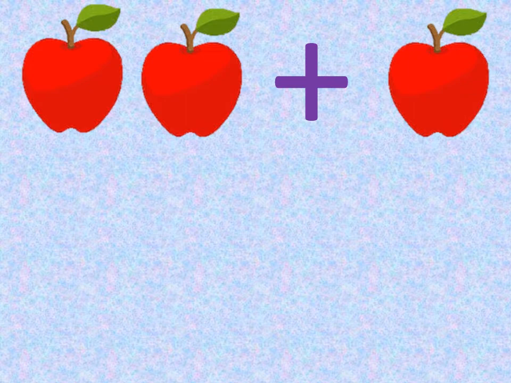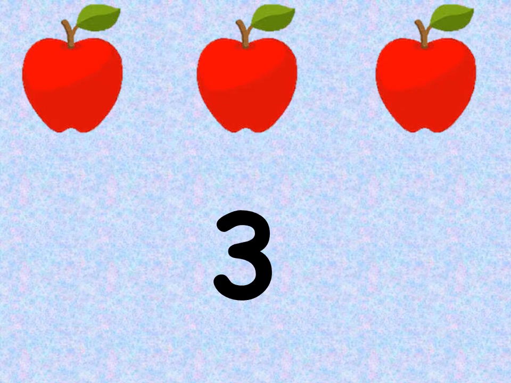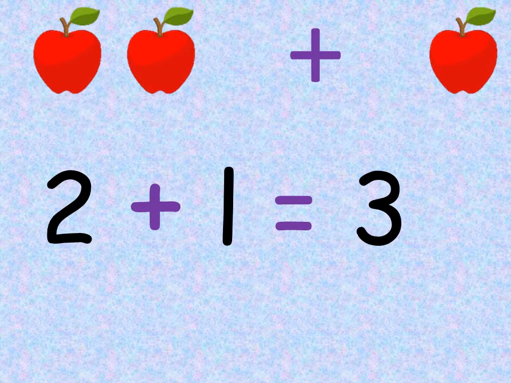So, we tell it 2 plus 1. When we add these all together, it gives 3. 2 plus 1 is equal to 3.